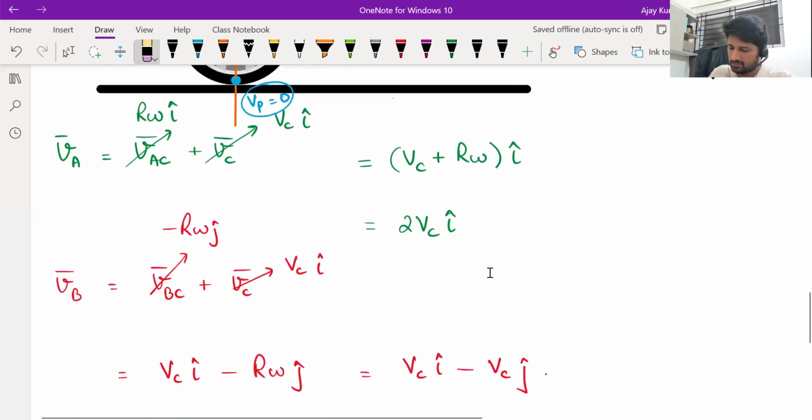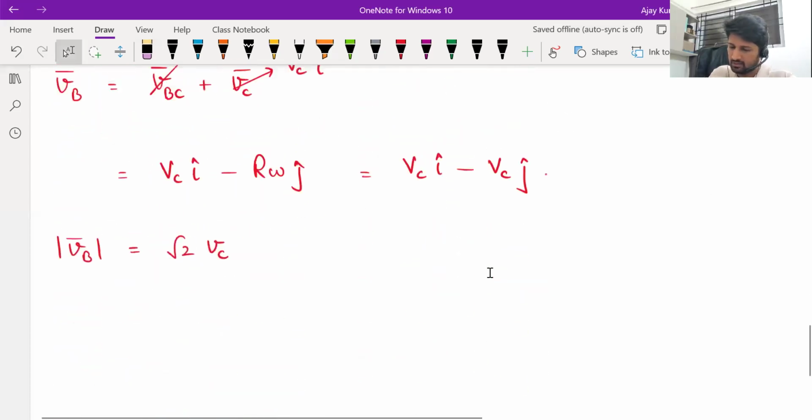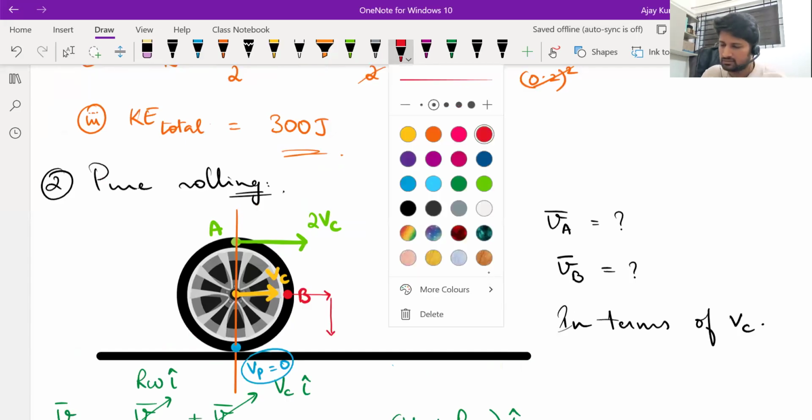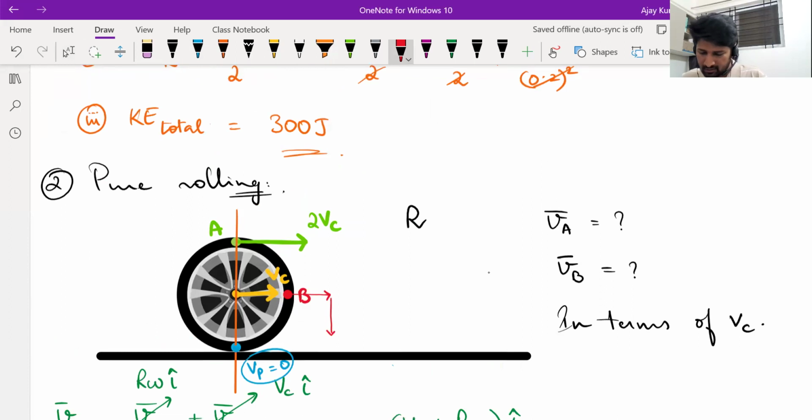Now observe velocity of the particle B. Velocity of B is Vc I cap minus Vc j cap. Vc I cap will be this way, minus Vc j cap will be this way. Both components equal. So the exact velocity of the point B will be in this direction, and its magnitude is root 2 times of Vc.